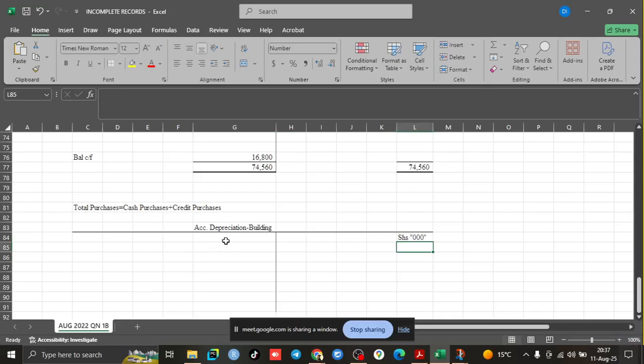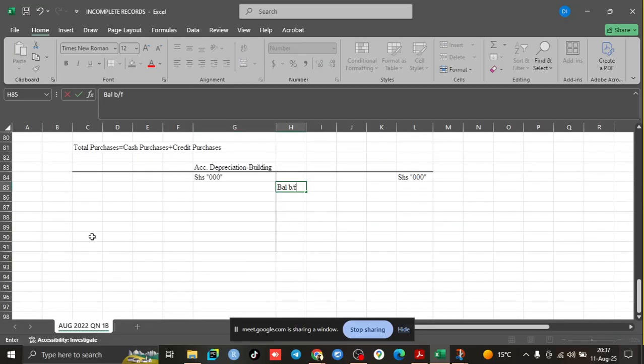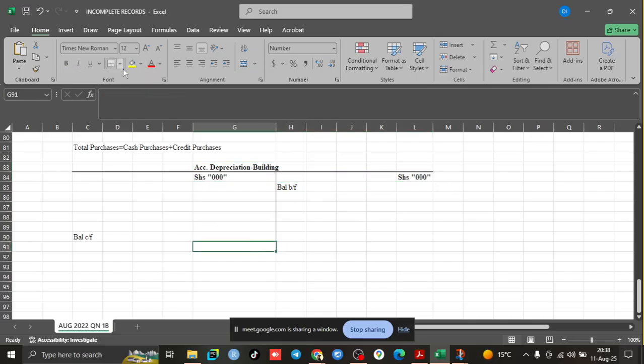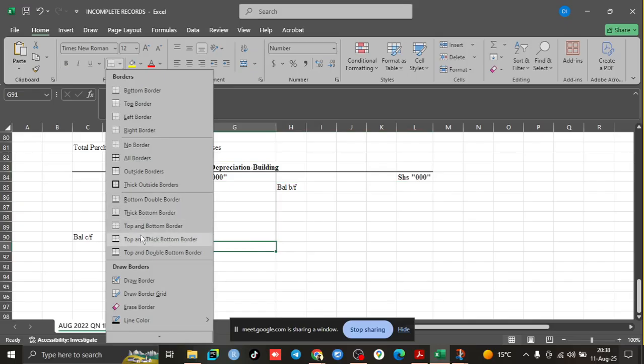Carry forward ni on the debit side. So balance brought forward, alafu balance carry forward.